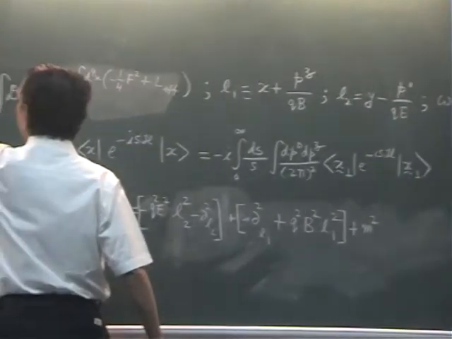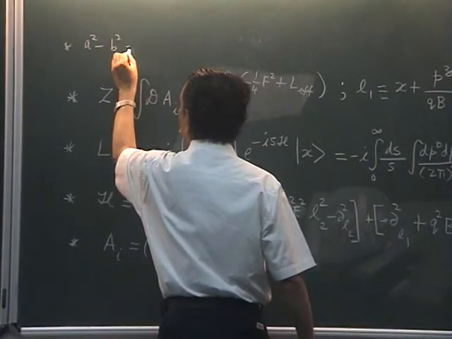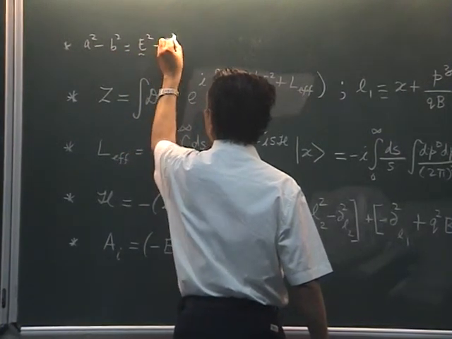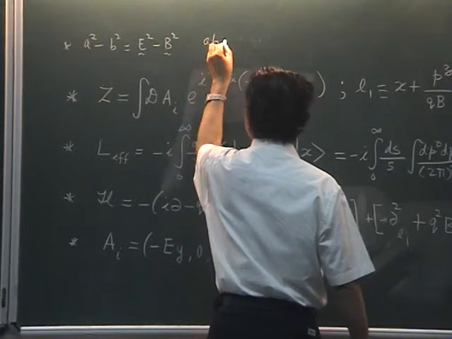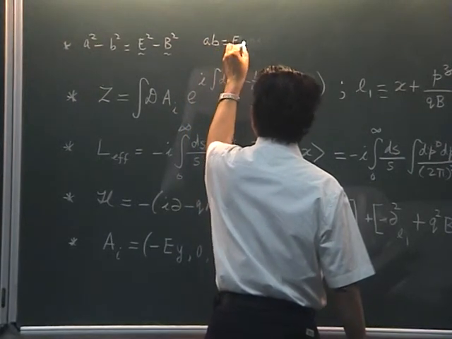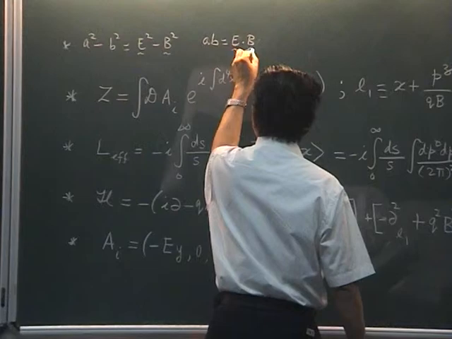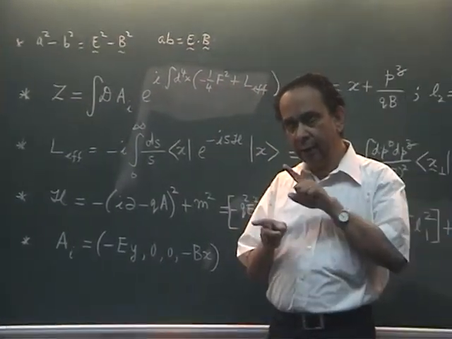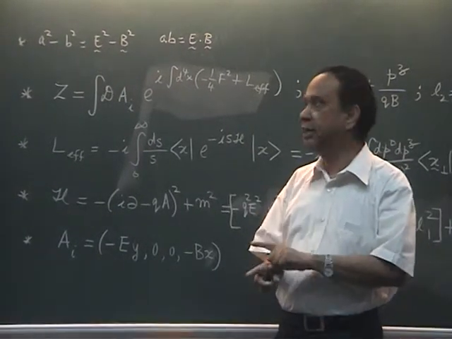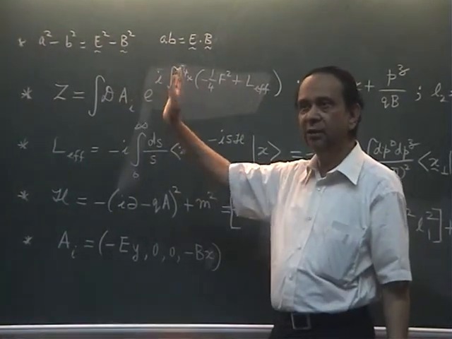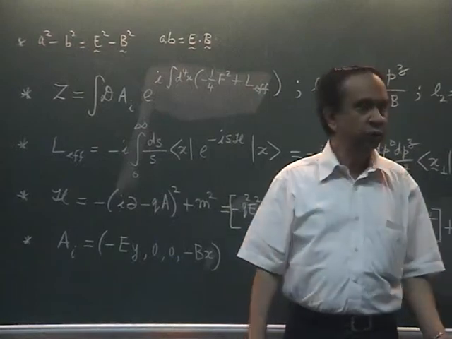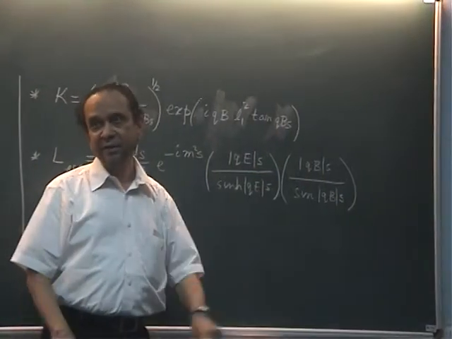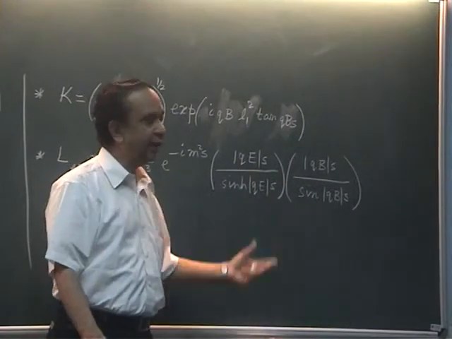Just to remind you, A square minus B square was E square minus B square, and AB is equal to E dot B. And we said the final answer can depend only on A and B, and in the gauge and Lorentz frame we have chosen, E is equal to A and B is equal to small b. Okay, so in this particular gauge you can replace it by A and B, and since the result has to be gauge invariant, this is the final result.